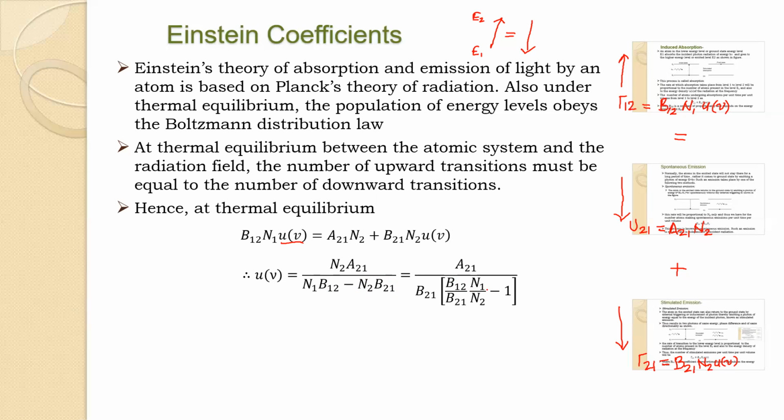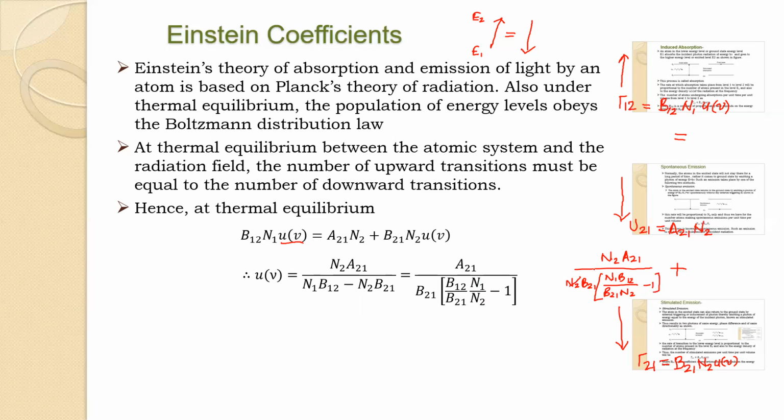In the denominator the quantity in brackets is N1 B12 divided by N2 B21, minus 1.